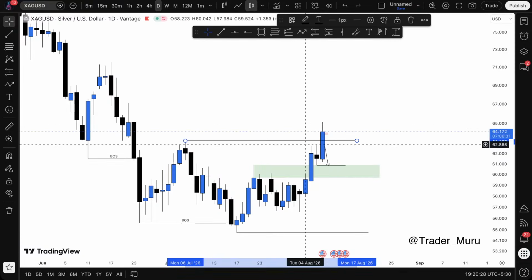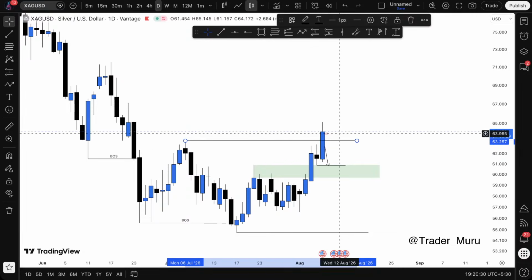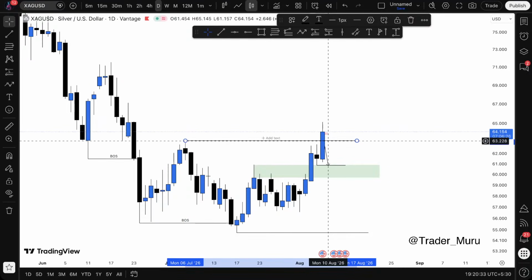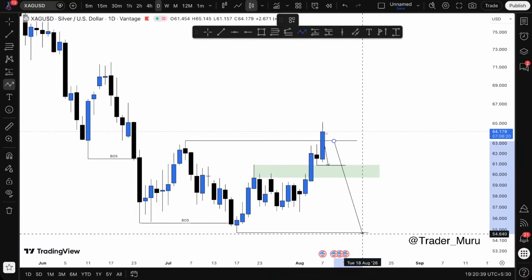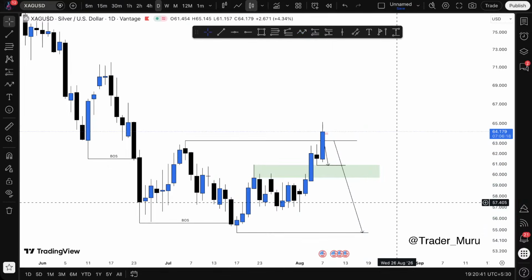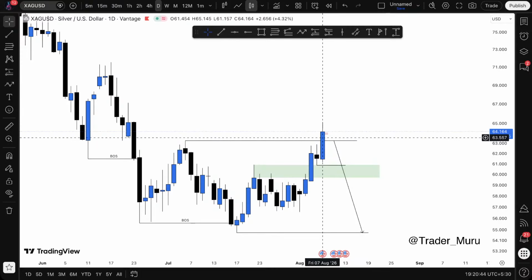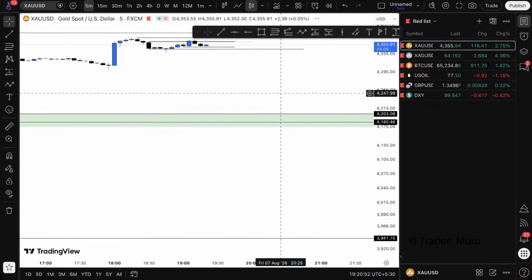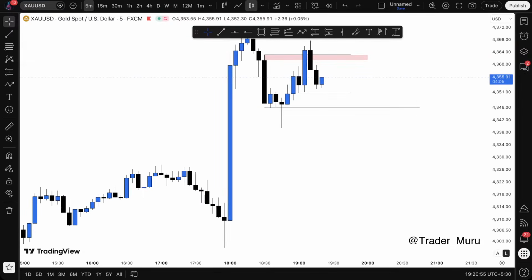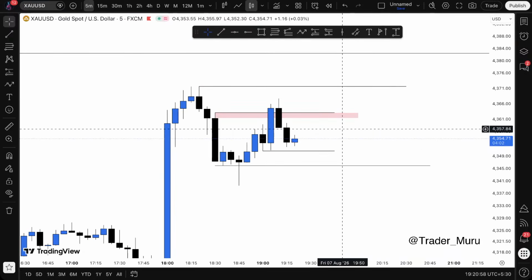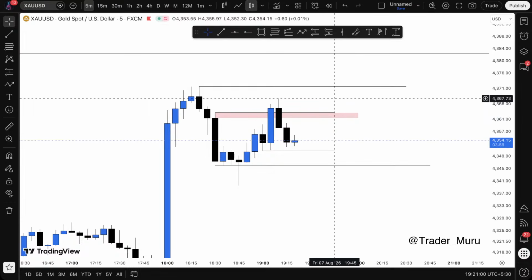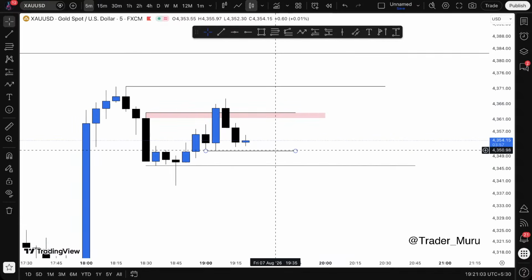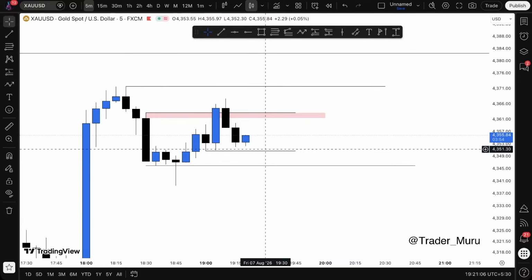You need to close this candle back below this high. Then it will be a sweep, 1 hour change of character and a sweep. So what will happen? You can short it clearly. It will range here.